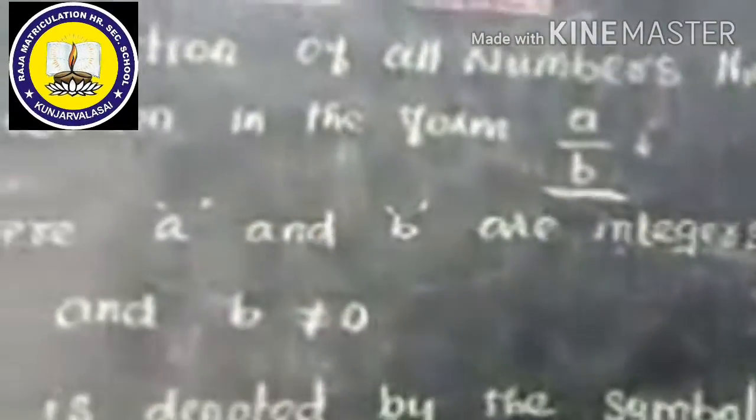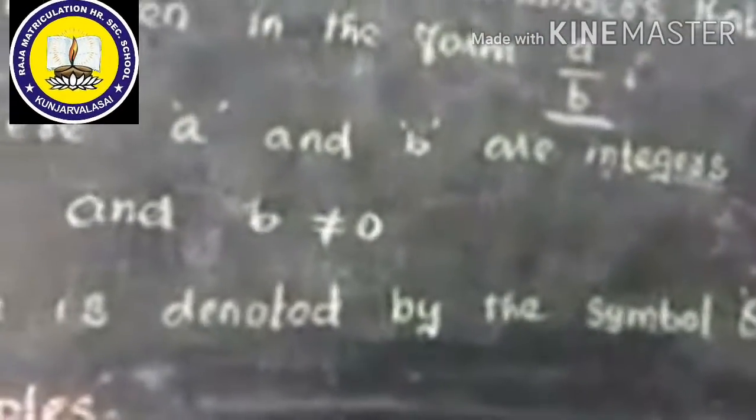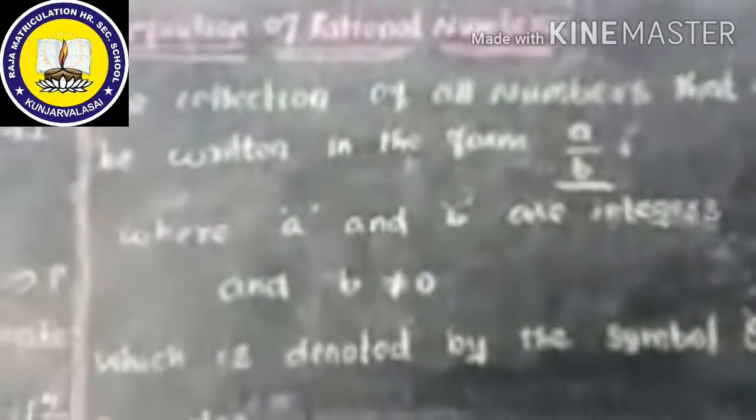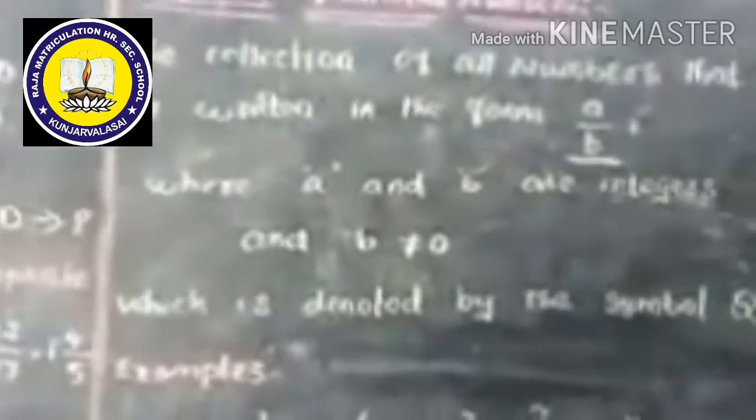Here also the definition looks like that for fractions. So all the fractions are called rational numbers. The rational number definition is ditto the same as the fraction definition.